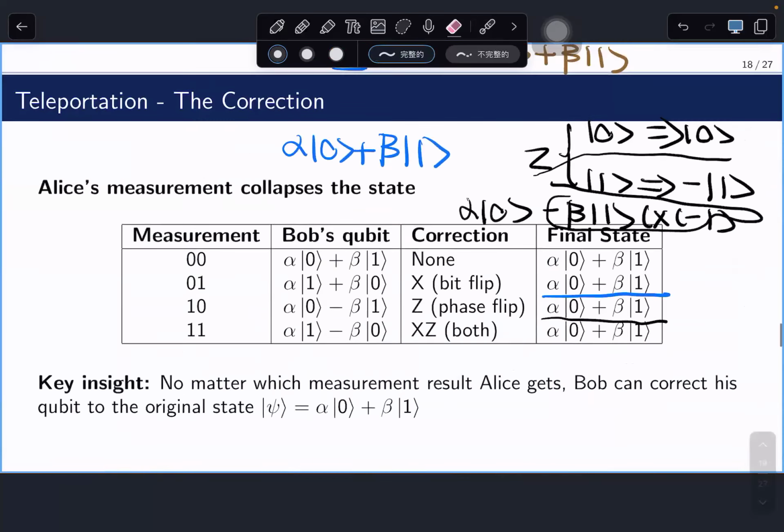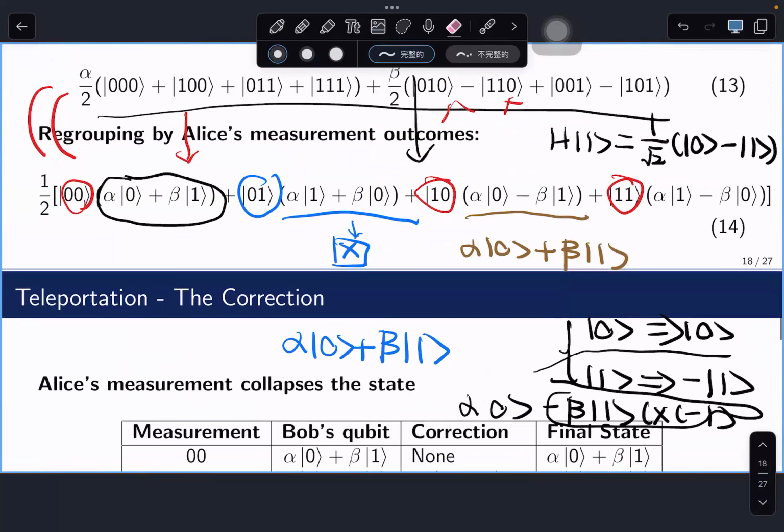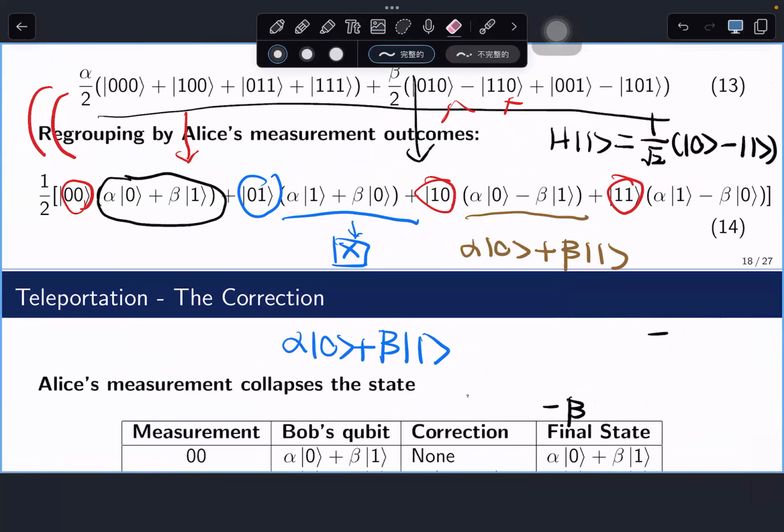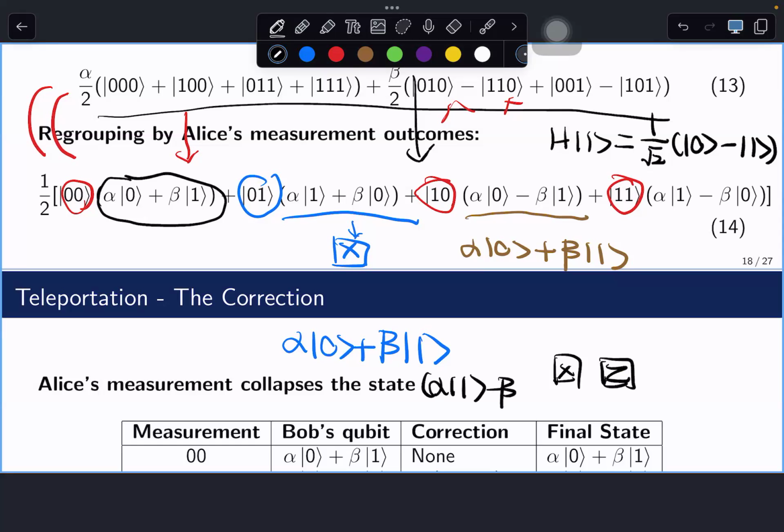The last outcome is 1, 1. And in this case, we will activate both the controlled X and controlled Z on the third qubit. So in this case, our input is alpha |1> minus beta |0>.